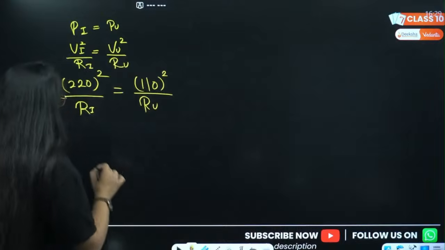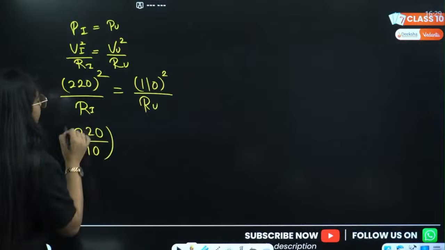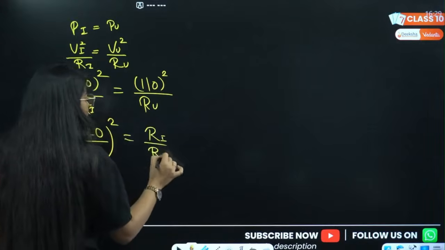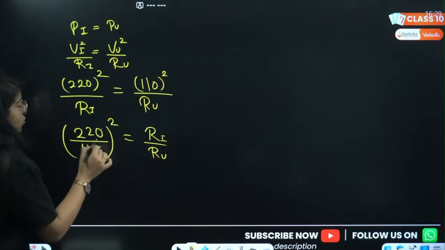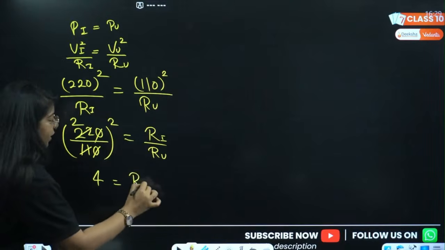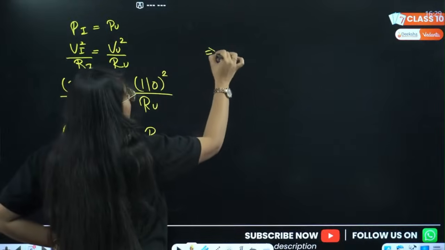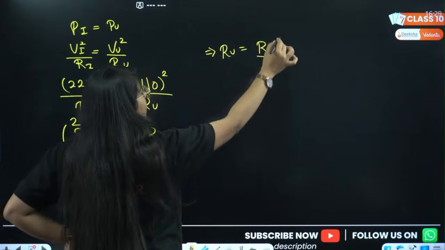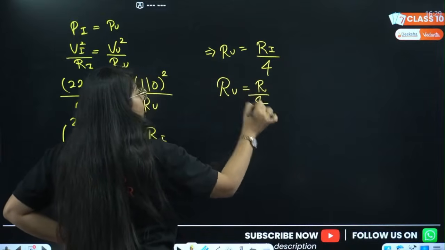Okay, so when you cross multiply this and rearrange this, it will be something like this. Understood? This step is clear. So I can just solve this. This will be 2 squared, 4, R of India by R of USA. So resistance in USA will be resistance in India divided by 4, and resistance in India was simply R. Understood?